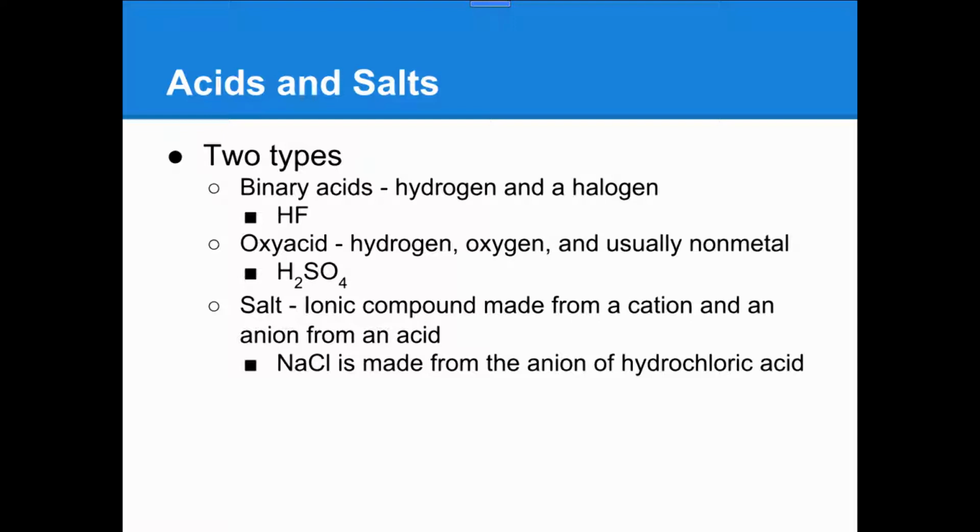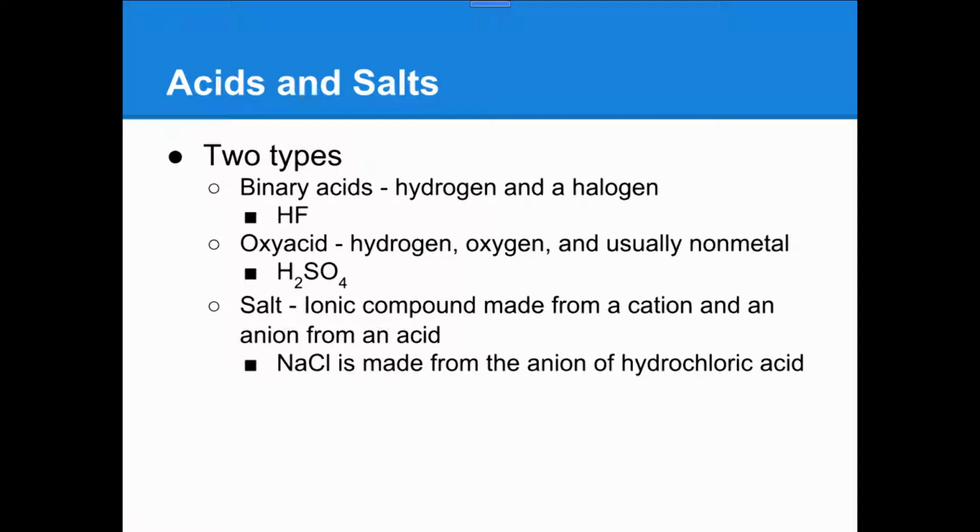So an oxyacid is a hydrogen, an oxygen, and a non-metal. So an example of this would be H2SO4. You've got your hydrogen, you've got your oxygen, and then your non-metal, in this case, is sulfur.